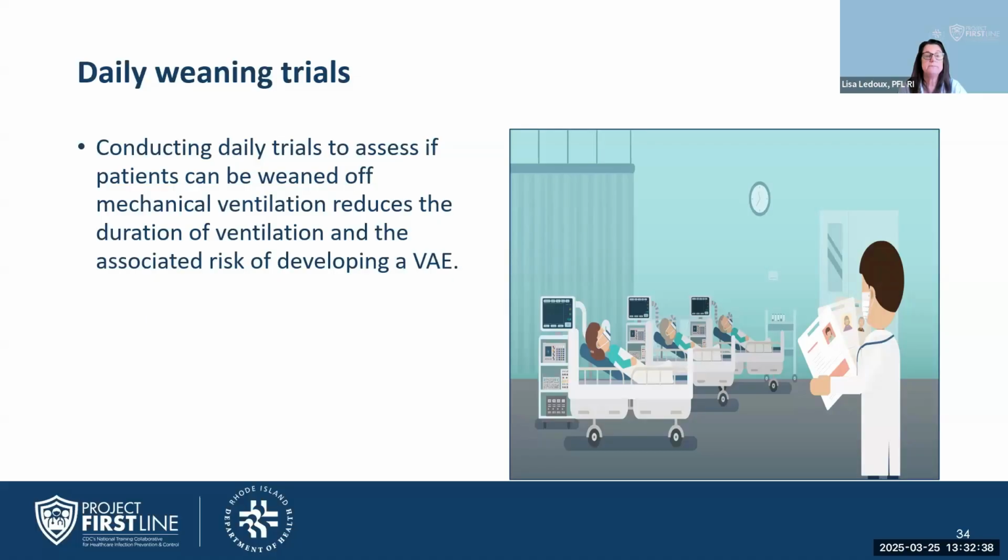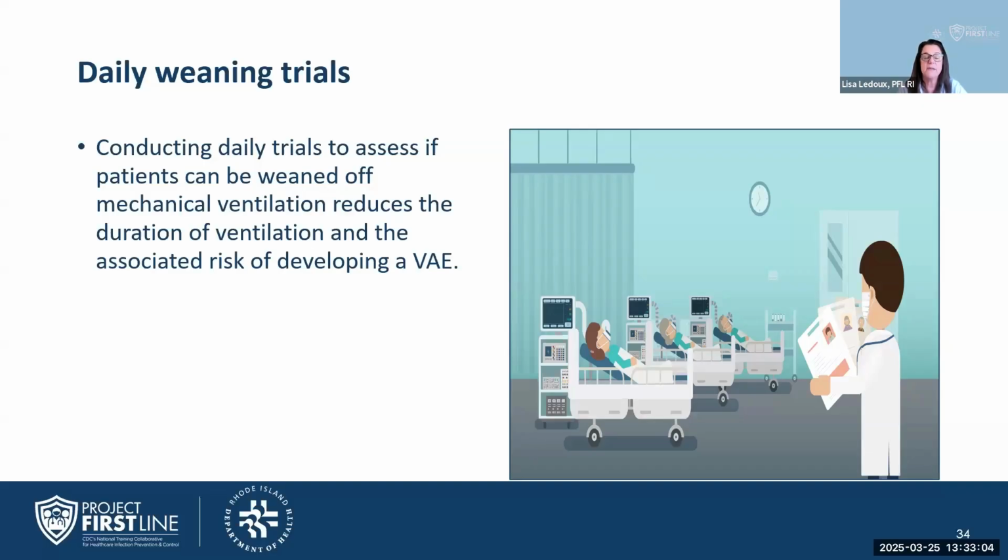Daily weaning trials. Ventilator weaning protocols can be effective in shortening the mechanical ventilation duration. Nurse-led or respiratory therapist-led ventilator weaning protocols include daily interruption of sedation and coordination with a spontaneous breathing trial. They've been effective in removing patients from the mechanical ventilation quickly and appropriately.